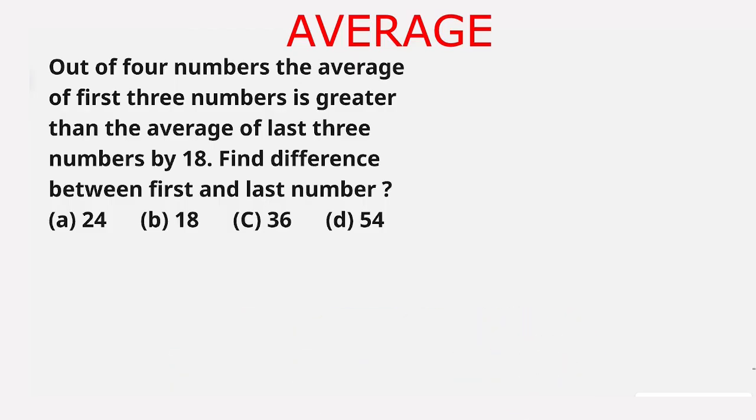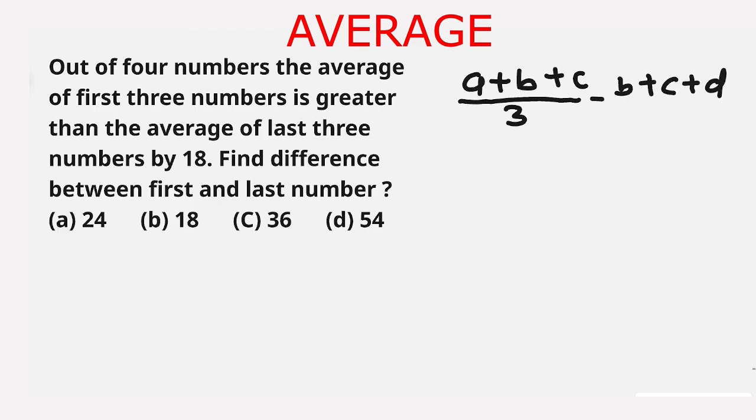Let the first 3 numbers be A, B, C and their average is (A plus B plus C) divided by 3, minus the last 3 numbers, which will be B, C, D, and their average will be (B plus C plus D) divided by 3. So the difference between these two is (A plus B plus C) divided by 3 minus (B plus C plus D) divided by 3, and this is equal to 18 given to us.